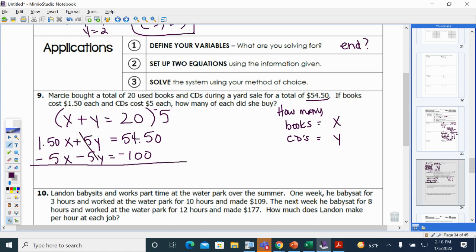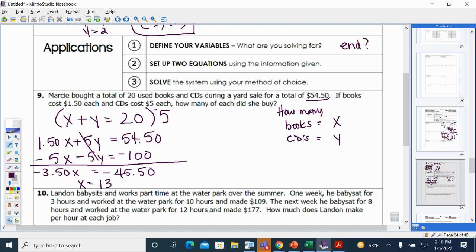My y's will eliminate. 1.5x minus 5x is going to give me negative 3.50x equals $54.50 minus 100 is going to give me negative $45.50. And we want to divide both sides by the negative 3.50. And you should get x equals 13.